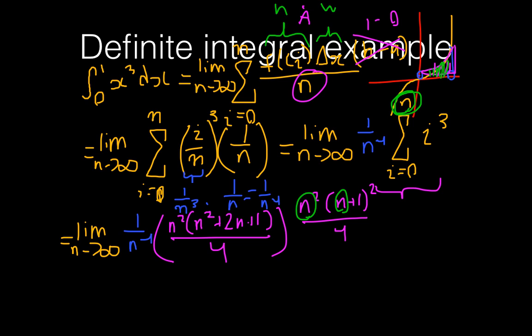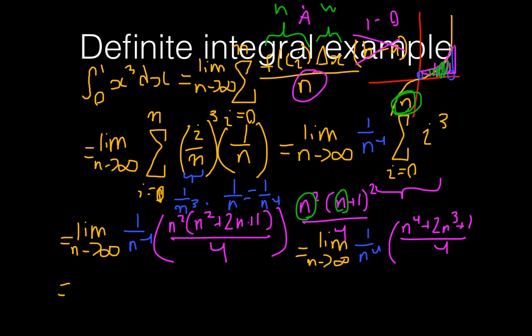That gives us the limit as n approaches infinity of 1 over n to the fourth times n to the fourth plus 2n to the third plus n squared over 4.